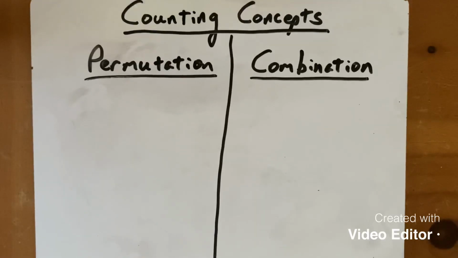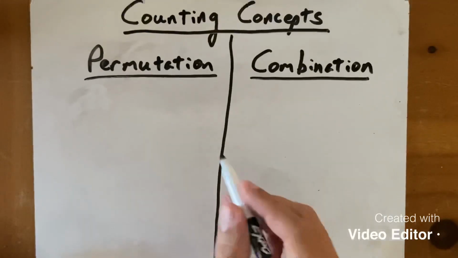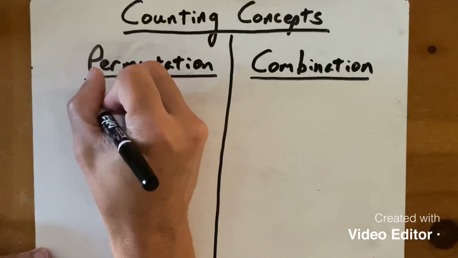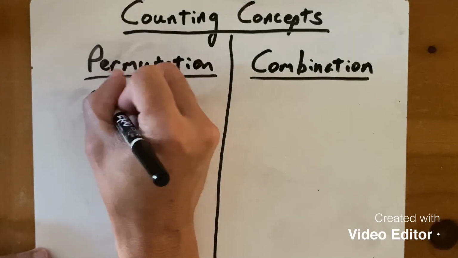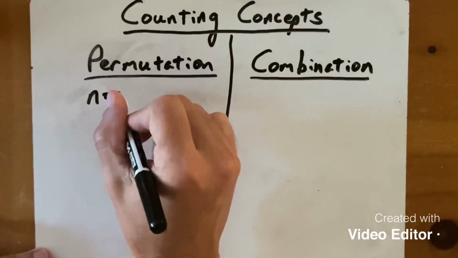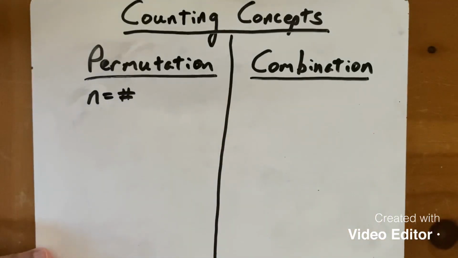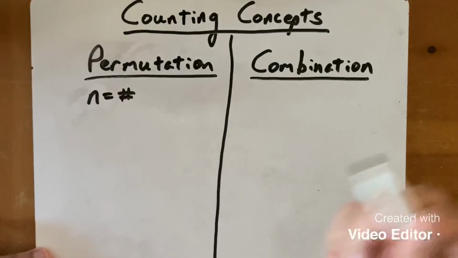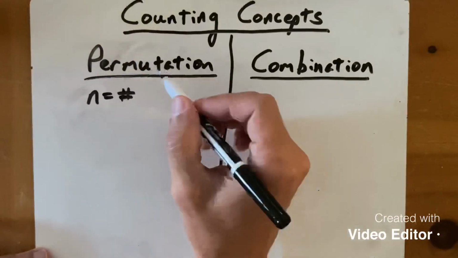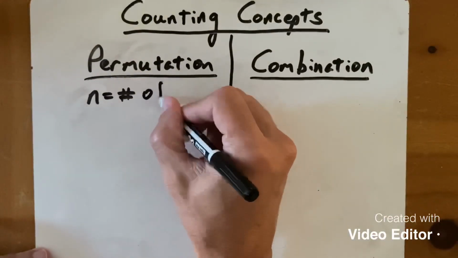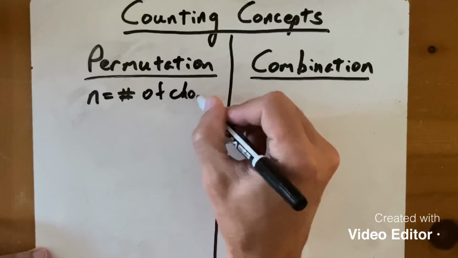Each one of these has an equation that you can use to solve, but we need to make sure that we identify the different parts of the equation. For both of these, we're going to use n to represent the total number of items that we can choose from, the options from the set. So total number of choices.